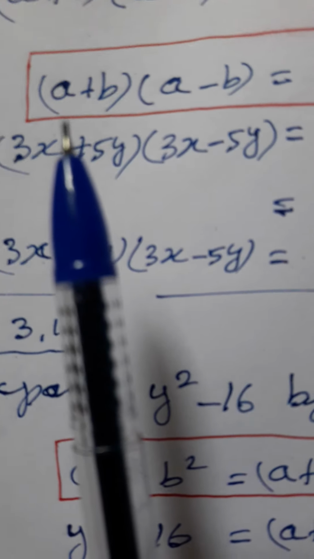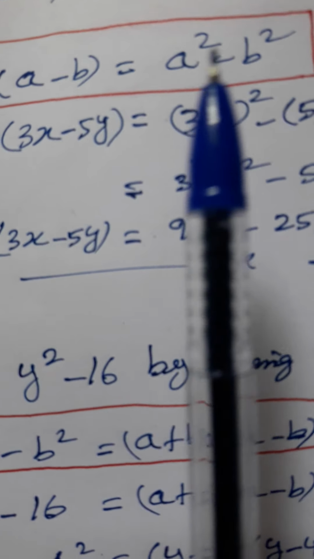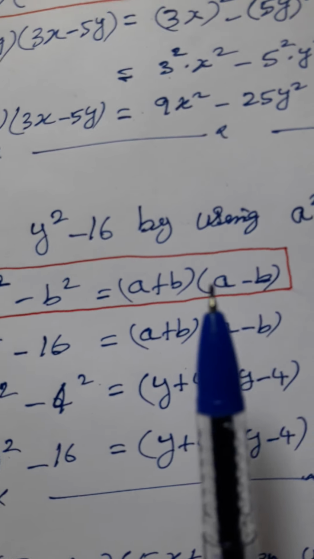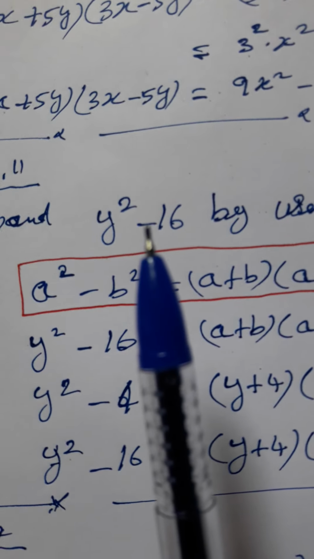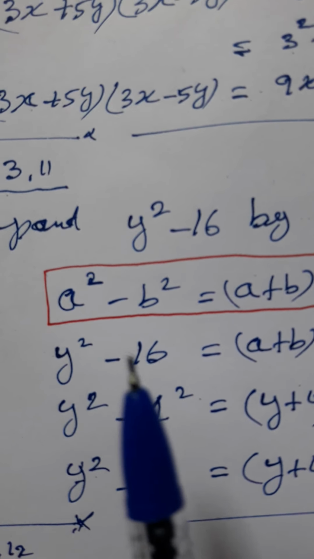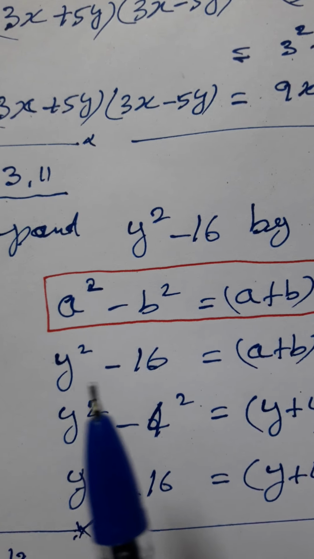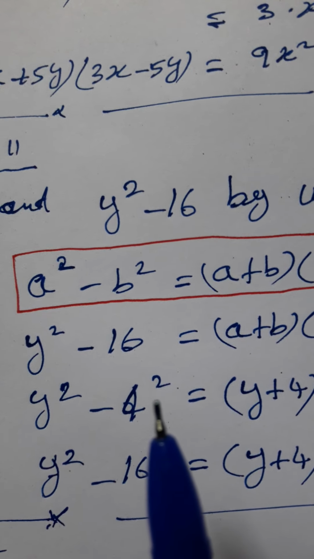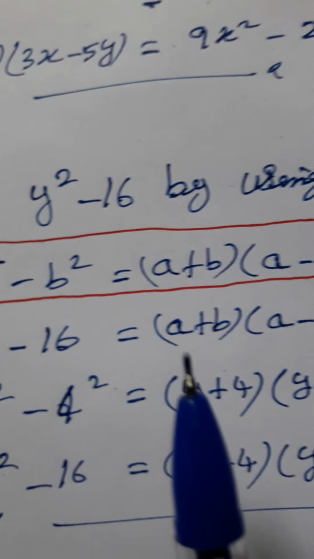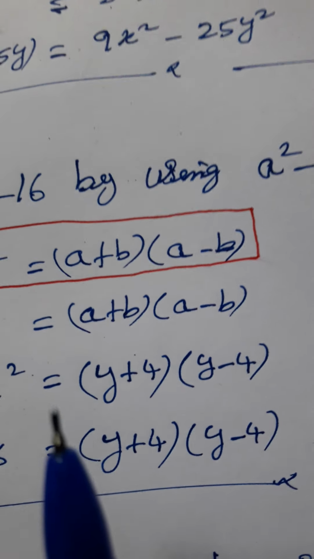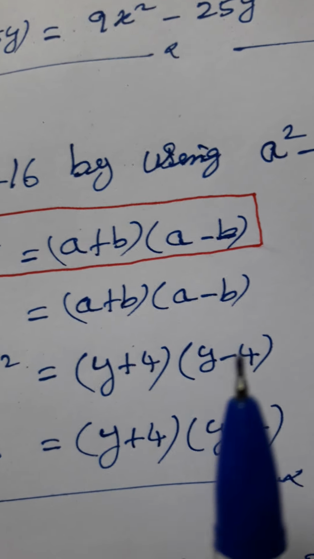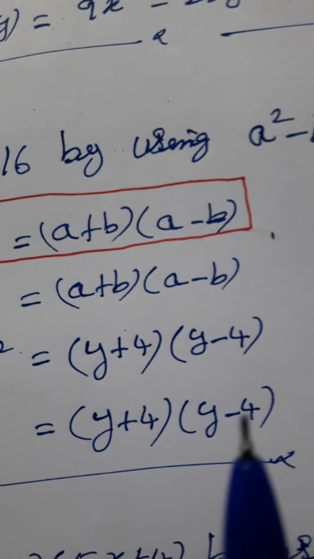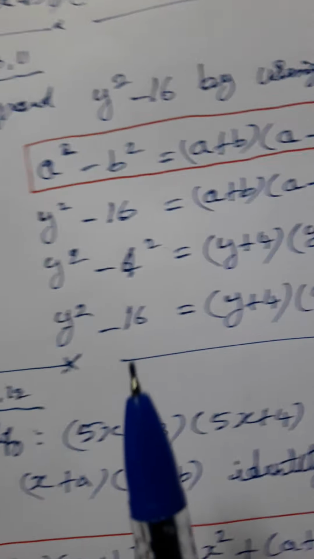Here a² is y², b² is 16. So we can write 16 as 4². So y² − 4², (a + b)(a − b), a is y, b is 4, so (y + 4)(y − 4). So y² − 16 equals (y + 4)(y − 4).